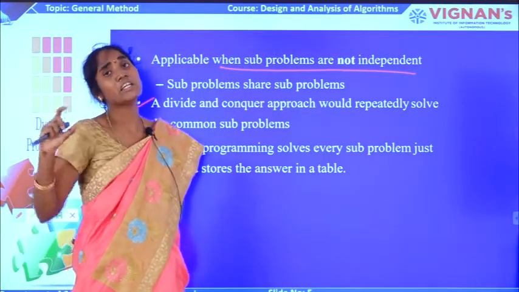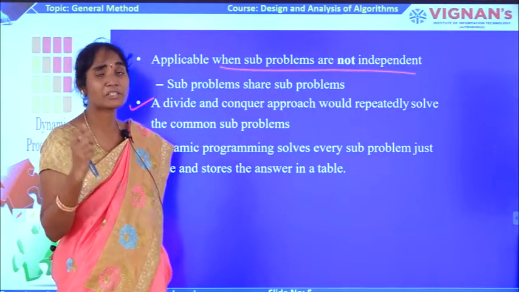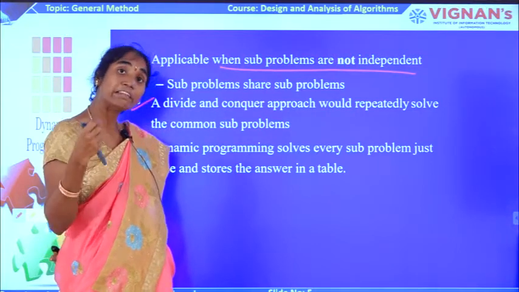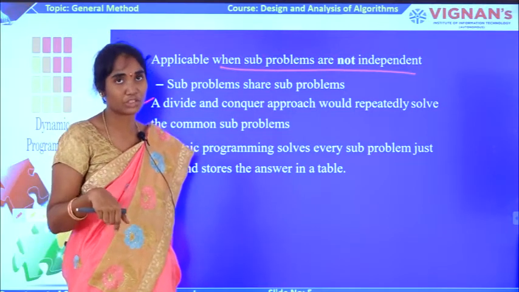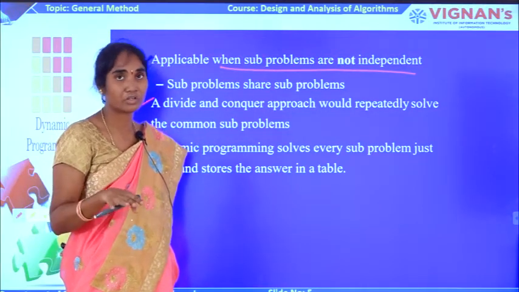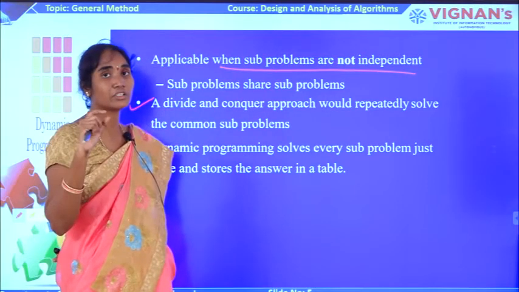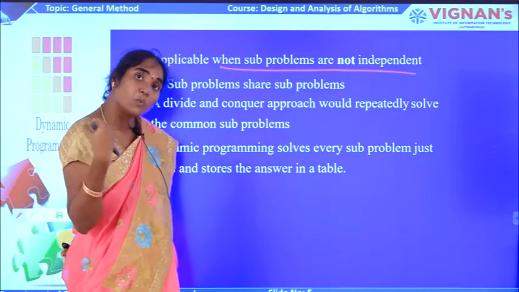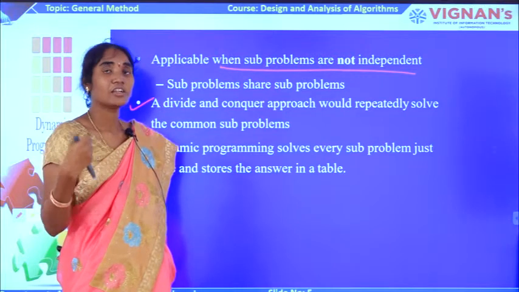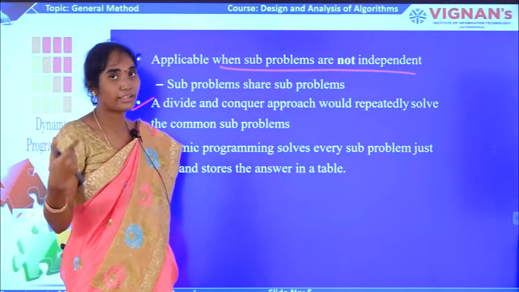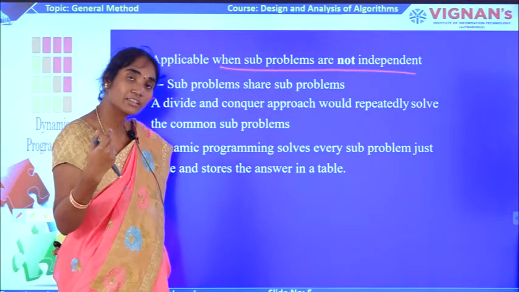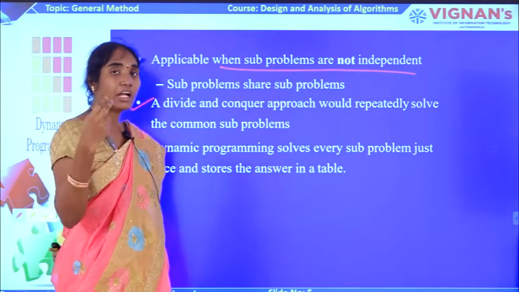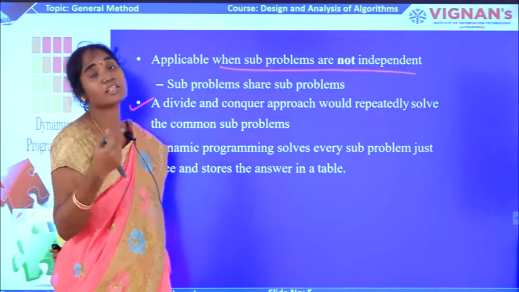Here each and every smaller problem instance I am going to solve independently, and finally I am integrating all the subproblem solutions to get the overall solution, right? Whereas here, if one smaller instance is depending on another smaller instance, then I will not find the smaller instance once again.